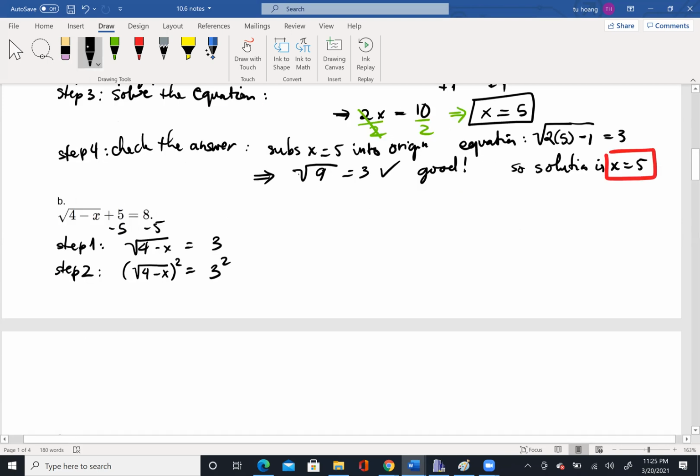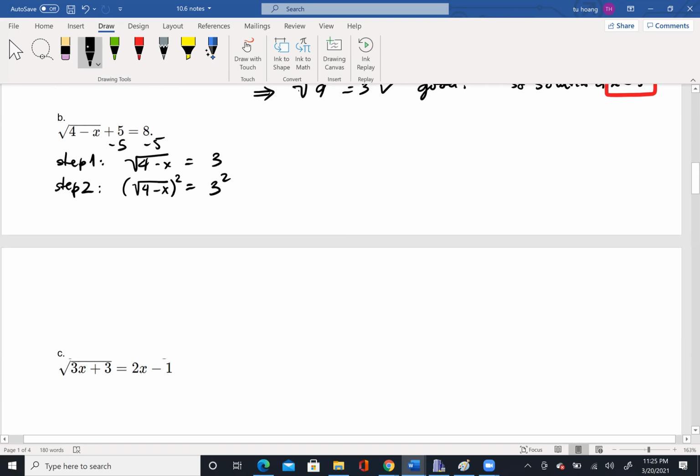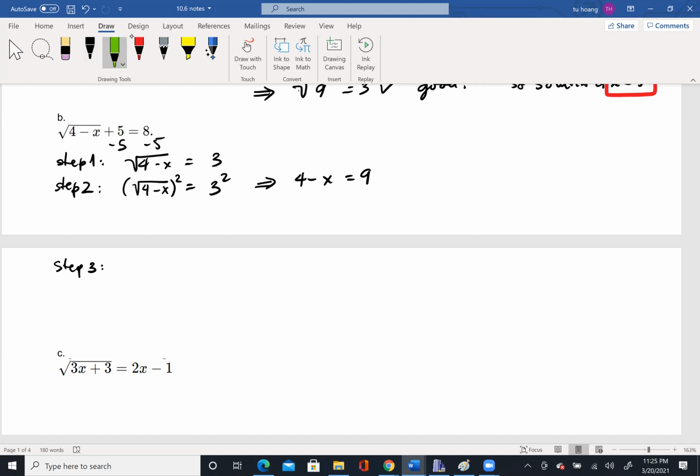So I have 4 minus x equal to 9, right? So step 3, I'm going to solve this equation by subtracting 4 from both sides. And then I have negative x equal to 5.